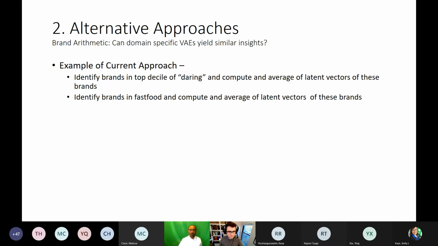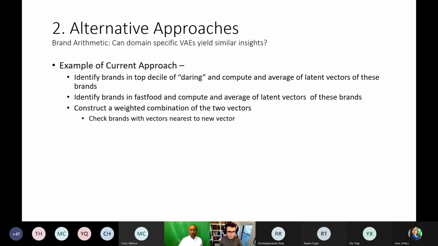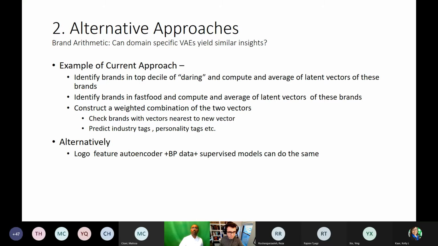Do the same by identifying the industry, and then construct a weighted combination of the two vectors and look for brands which are nearest to the new vector, or alternatively try to predict the industry tags, personality, and other dimensions, etc. Conceptually, you could do that by looking at just the individual autoencoders and looking at the brand perception data. The supervised models from the previous slides could be applied to generate each of these elements, like the industry tags and the personality tags, etc.